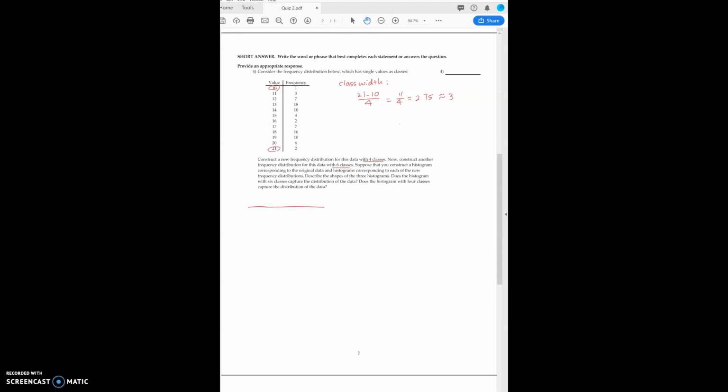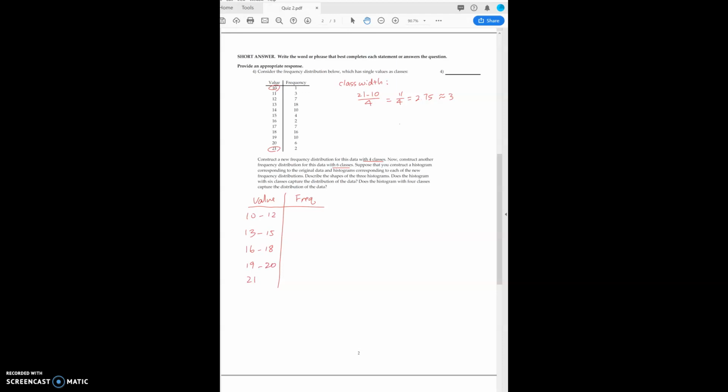Okay, so rounding to 3, my values this time are going to be from 10 to 13, so it will end at 12. 13 to 16 by adding 3. 16 to 19 by adding 3. 19 to 21 by adding 3.